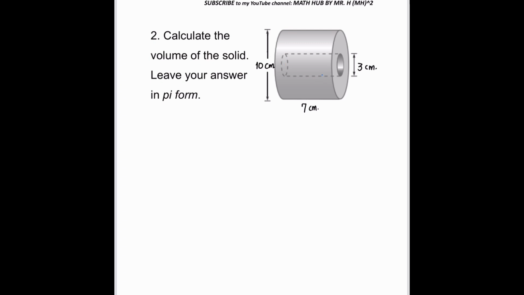And if we want to find the volume of the solid, we need to take the volume of the outer minus the volume of the inner, so that we'll get the volume of the actual solid. So the volume of the cylinder is calculated using the formula pi r squared times the height.